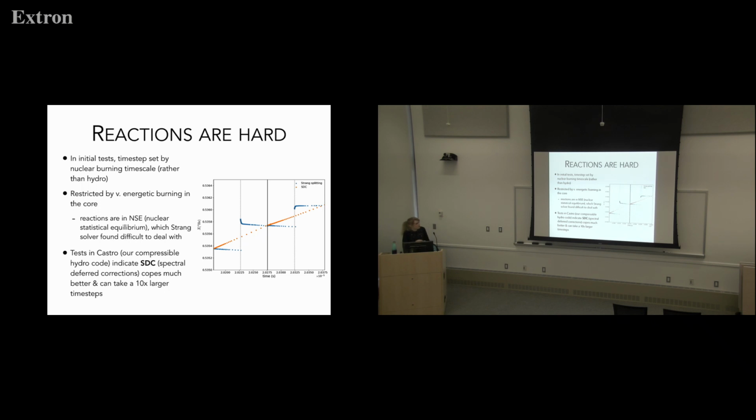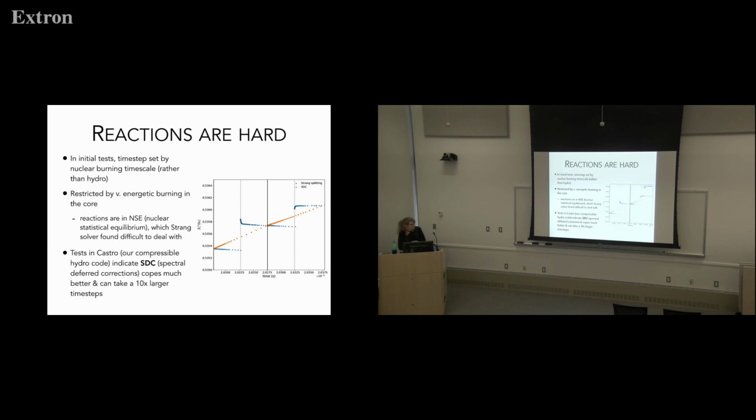So if we look at this plot here, the strang splitting method is shown in blue. What I'm showing here is, at the bottom we've got time. On the left axis we've got the mass fraction of helium. So the thing we want is this nice smooth curve through the top. That's closest to what we think the true solution is. But if we look at what the strang splitting method does, it swings wildly back and forth every half time step.